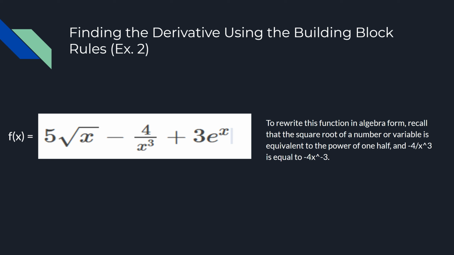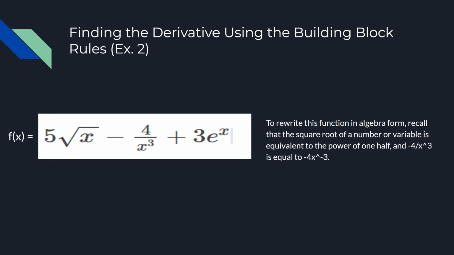For my second example, I have f of x equals 5 times the square root of x minus 4 divided by x to the power of 3 plus 3e to the power of x.